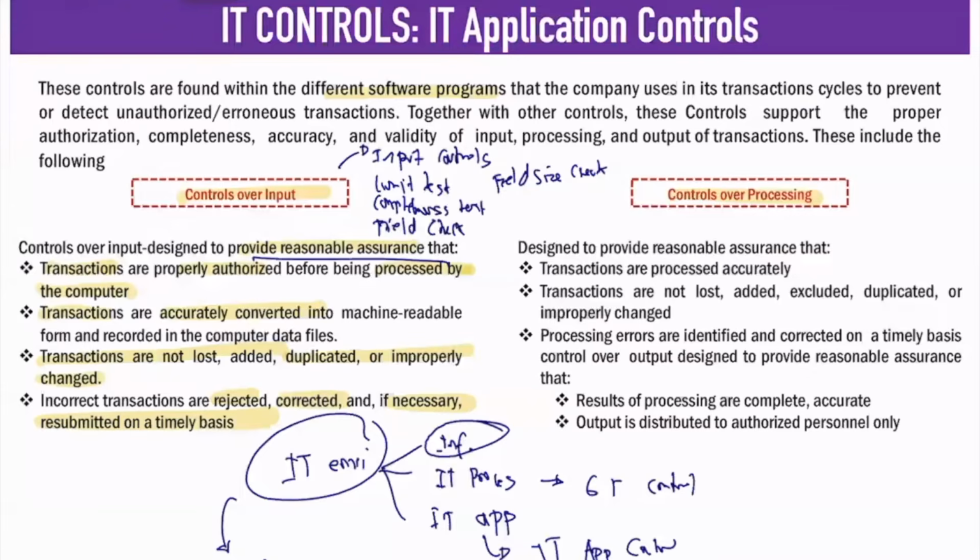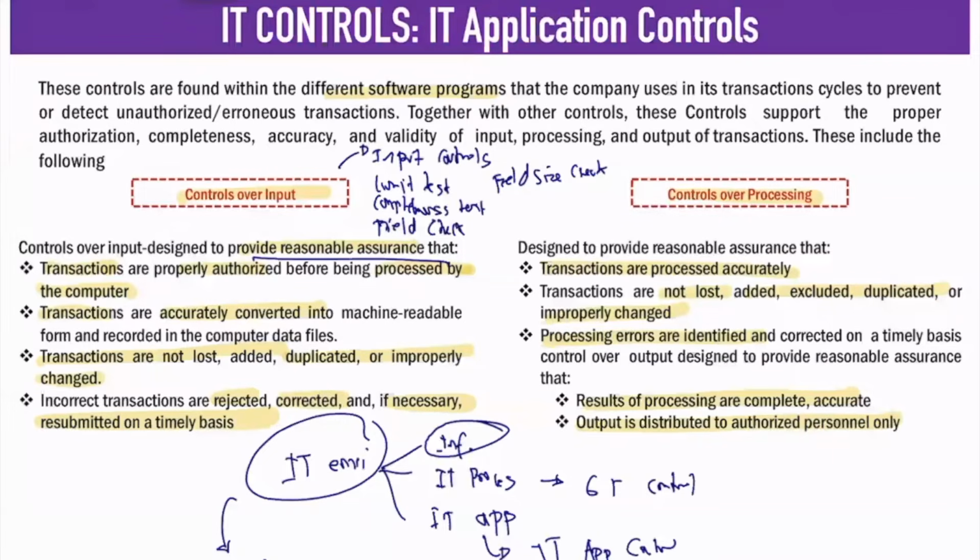Now, how about processing controls? Your processing controls are designed to provide assurance that transactions are processed accurately, transactions are not lost, added, excluded, or improperly changed, and that processing errors are identified. That the results of processing are complete, are accurate, and output is distributed to authorized personnel only.